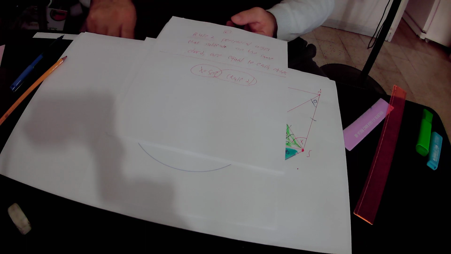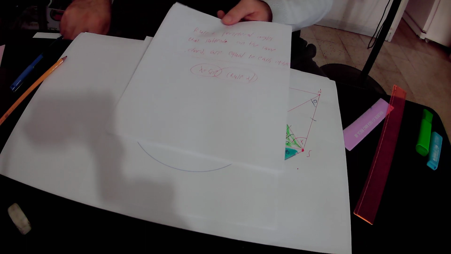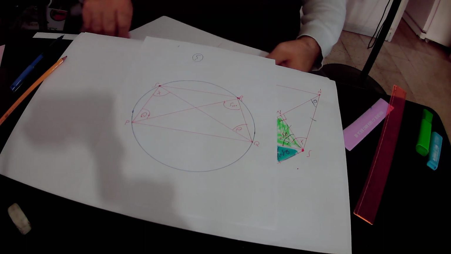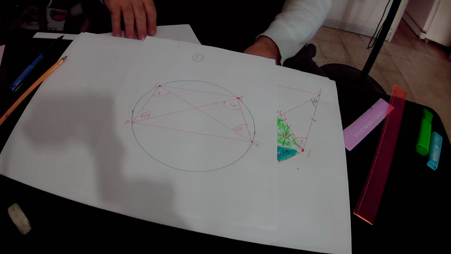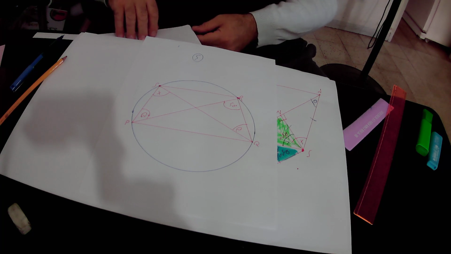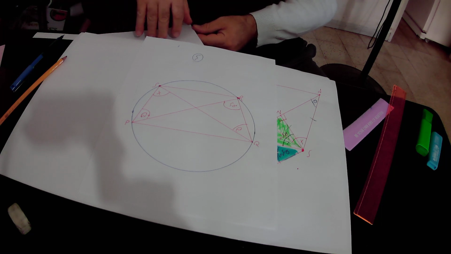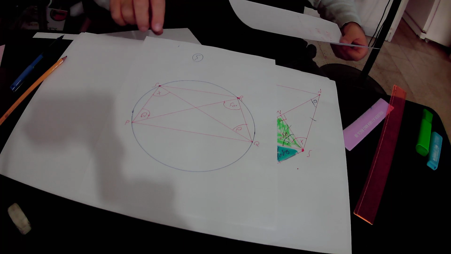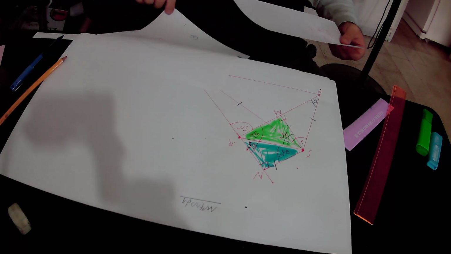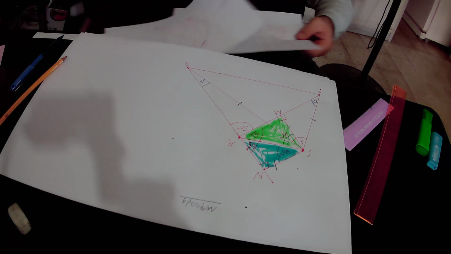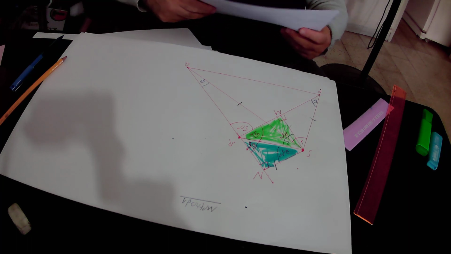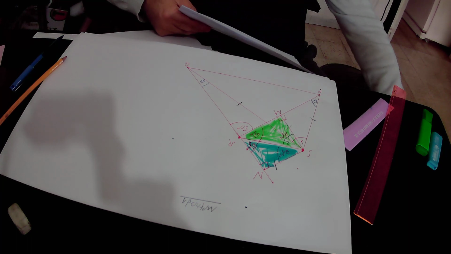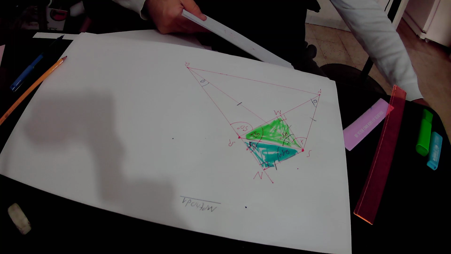So we found the value of angle X. That was the question. We found the value of X according to the first method. So we finished with the first method, and in the next step we will find the value of angle X according to the second method.